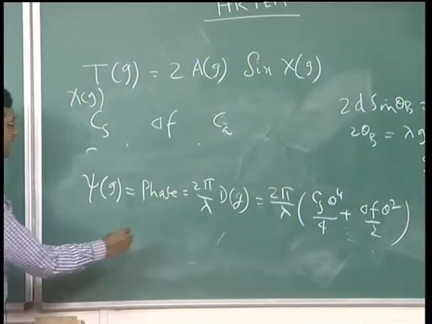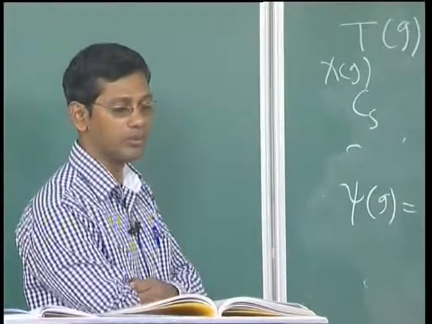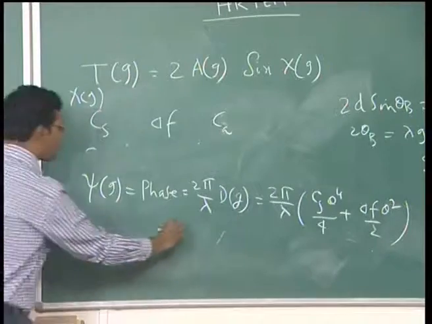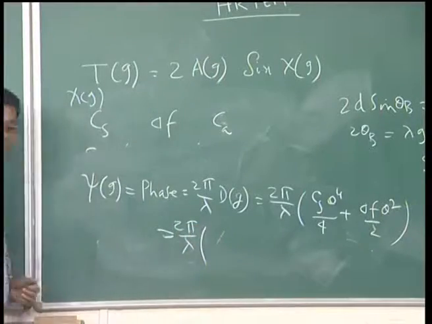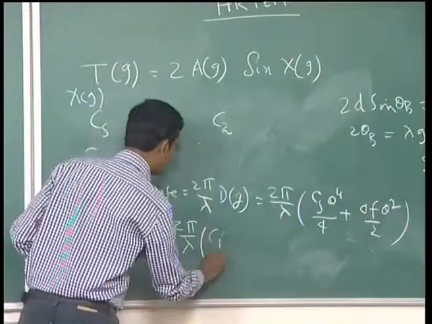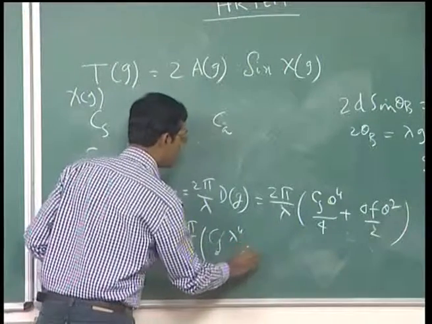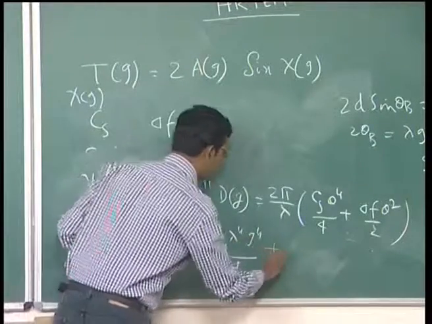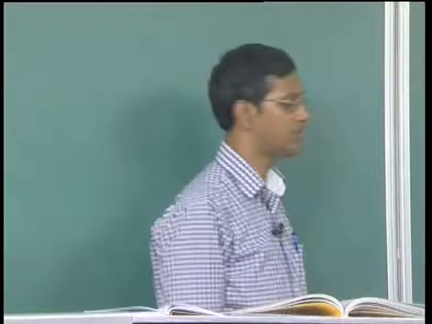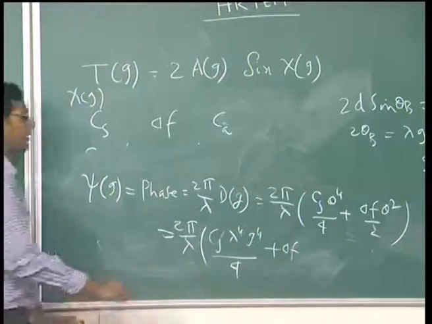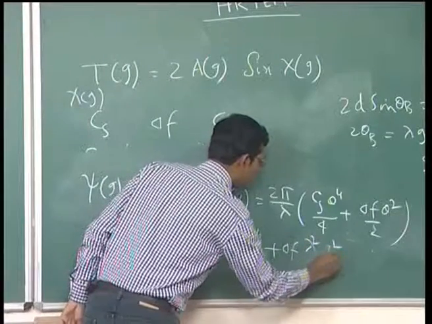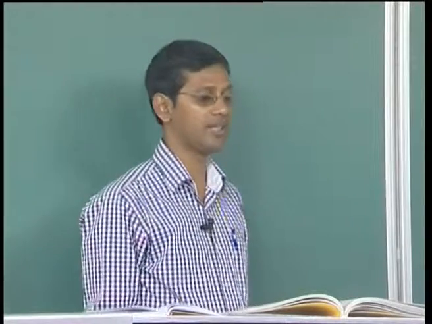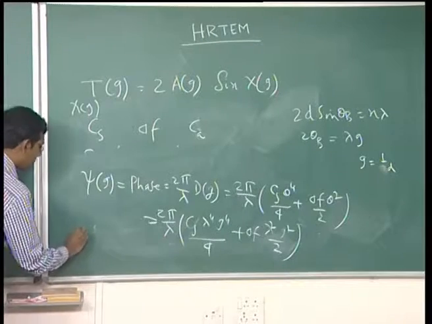So, therefore, we can finally get this to be equal to 2 pi by lambda into Cs lambda 4 g 4 by 4 plus delta f into lambda g by 2, that is equal to lambda square g square by 2. So, that basically gives me the value of psi z.